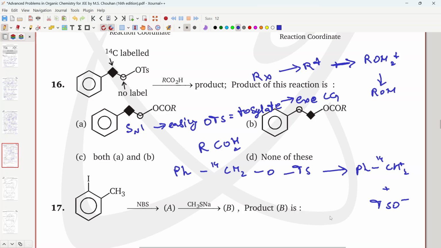The C-O bond breaks, but not the O-Ts bond. The oxygen leaves with the tosylate, then a nucleophilic attack happens. The carboxylic acid, the carboxylate, attacks the benzylic carbocation, so you get the product.